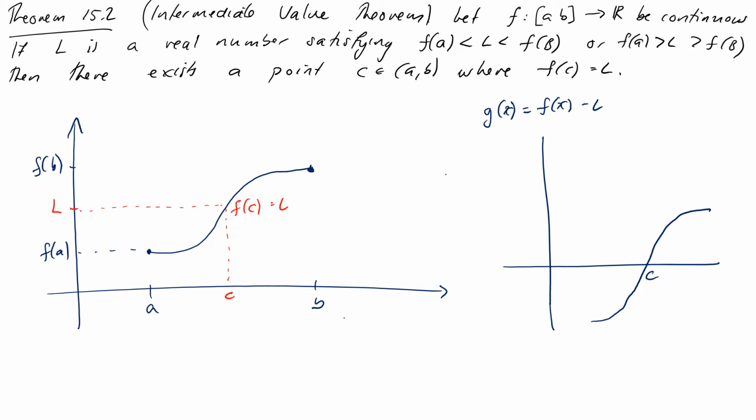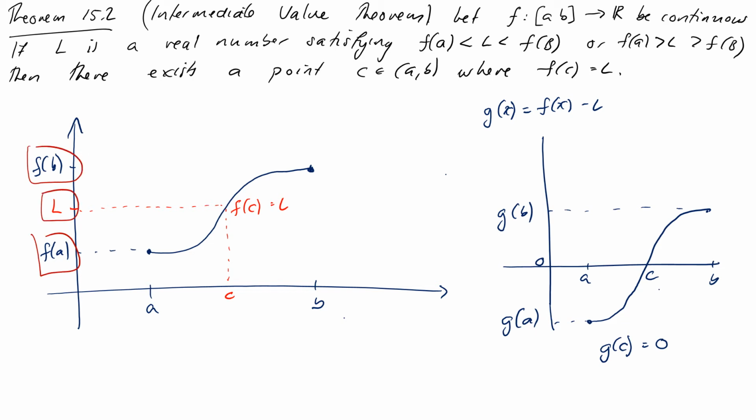My point c will be here, this will be g of a, this will be b here, and this will be g of b. Okay, so it's kind of convenient to shift our whole thing down so that g of c is equal to 0.